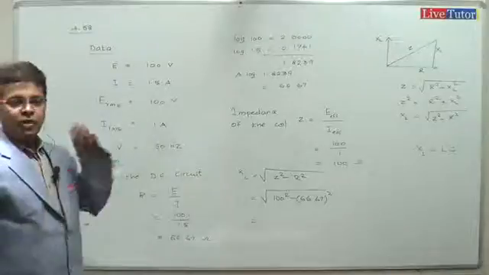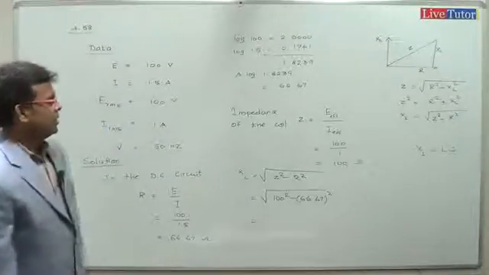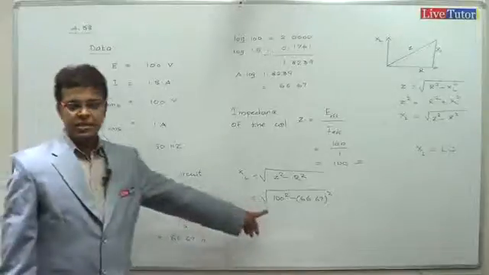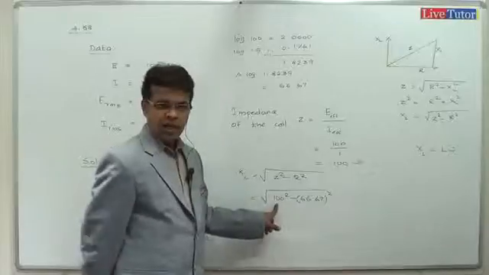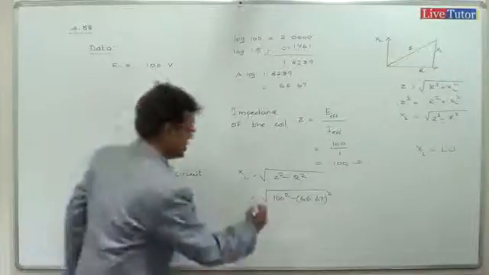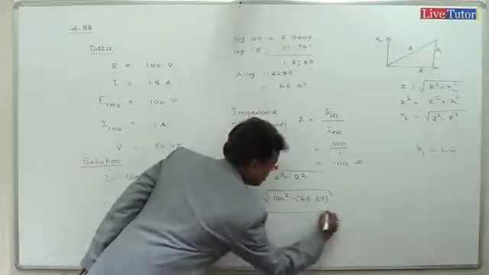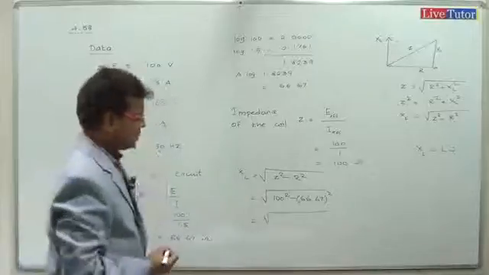Now we have to take the log for this. How to take log for this? First you have to take log for 100 square. How can you write it as 10 power 4?